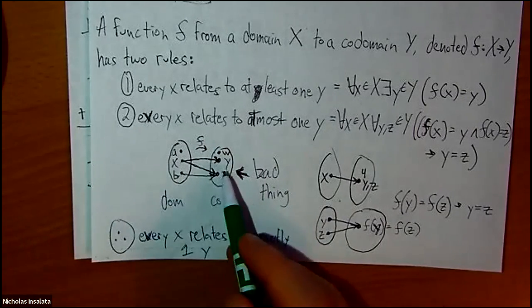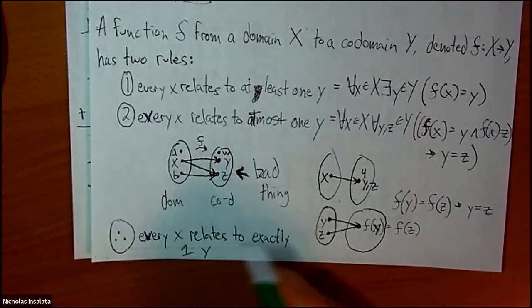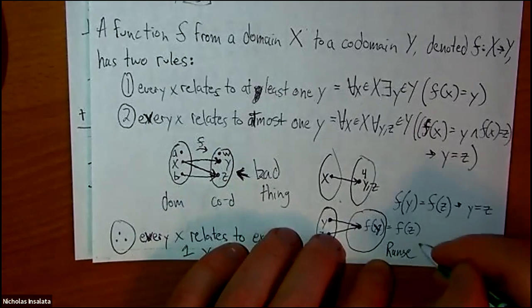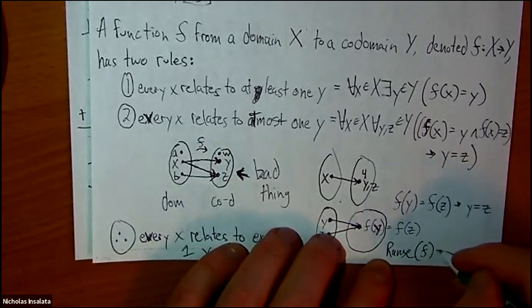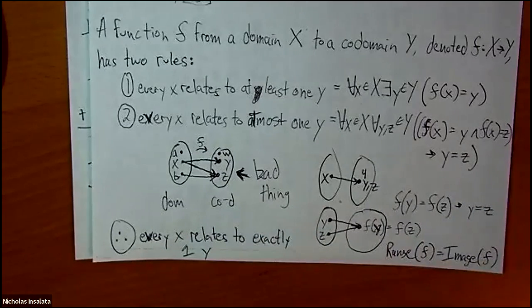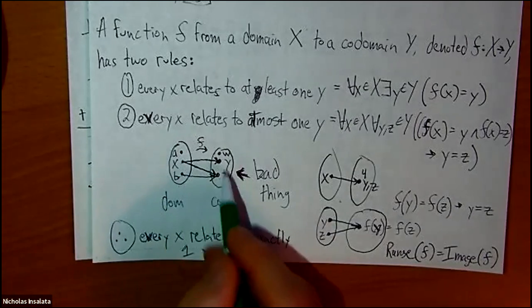The range is also called the image, so the range of f is just a different word for the image of f. These mean the same thing. Okay, there's also the inverse image. So what's the inverse image or pre-image in this particular situation?